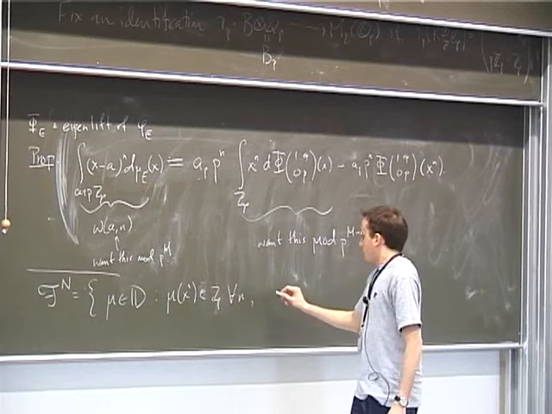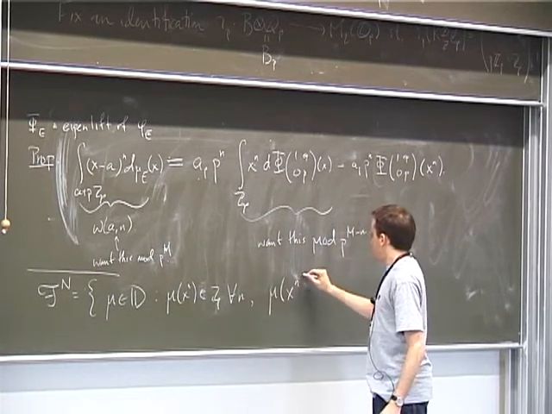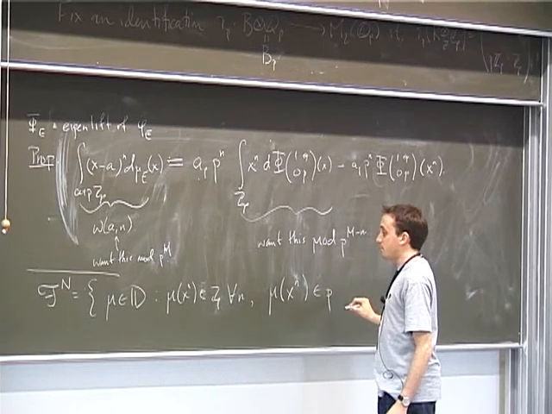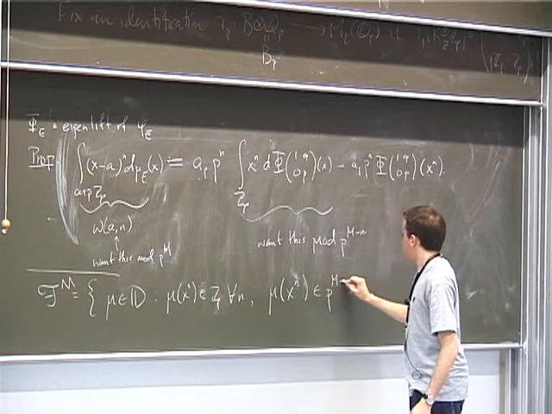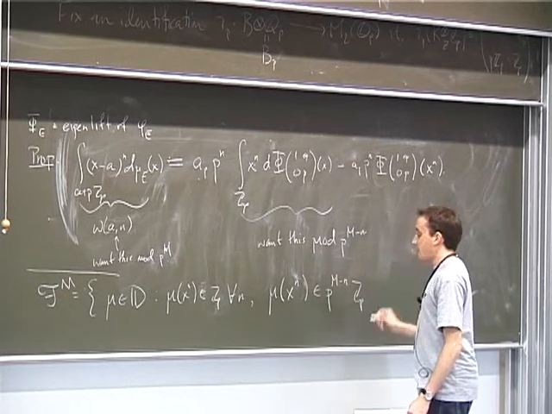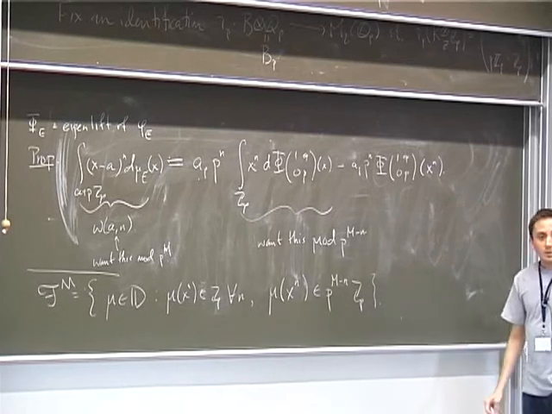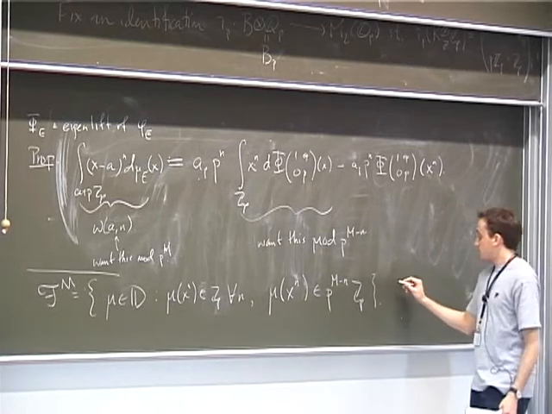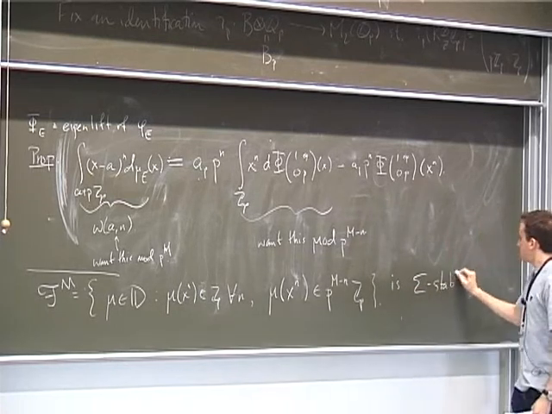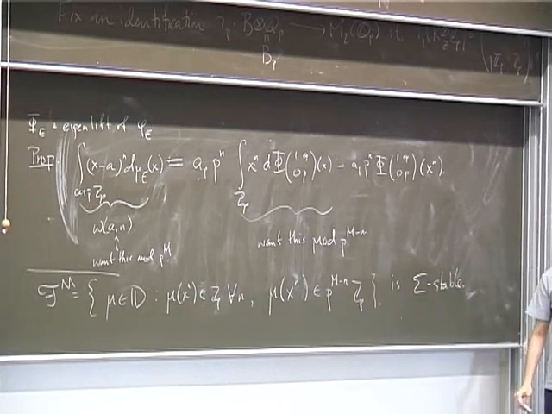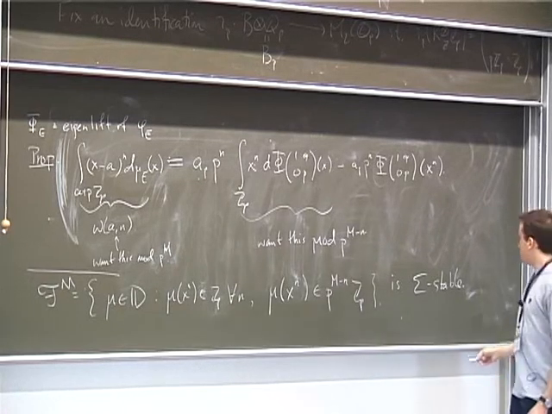And moreover, that mu of x^n is in p to the n minus m Zp, then this is sigma stable. The sigma stable subgroup of D.